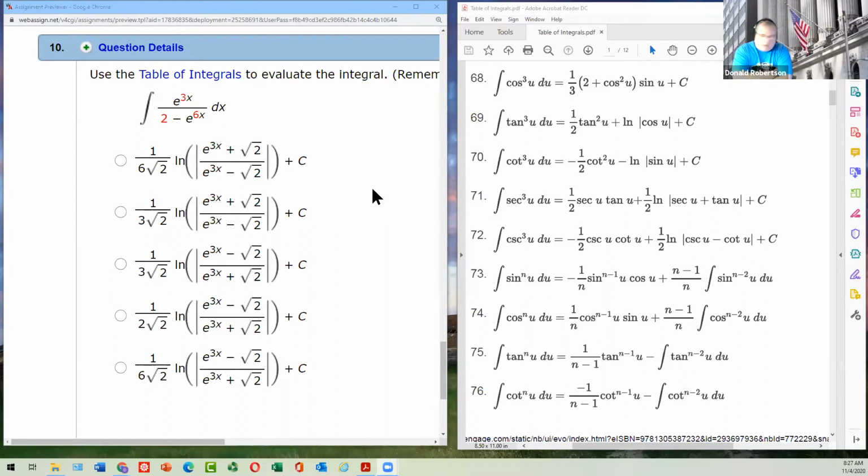Right, e to the power 3x, the whole thing. It works, right? Check it out. There's some weird 3 floating around, but that's fine. You can make it happen.